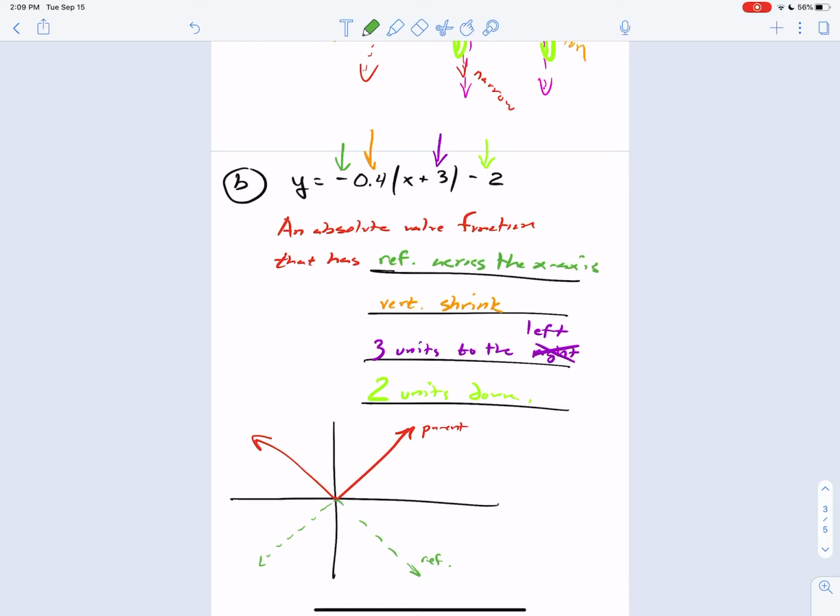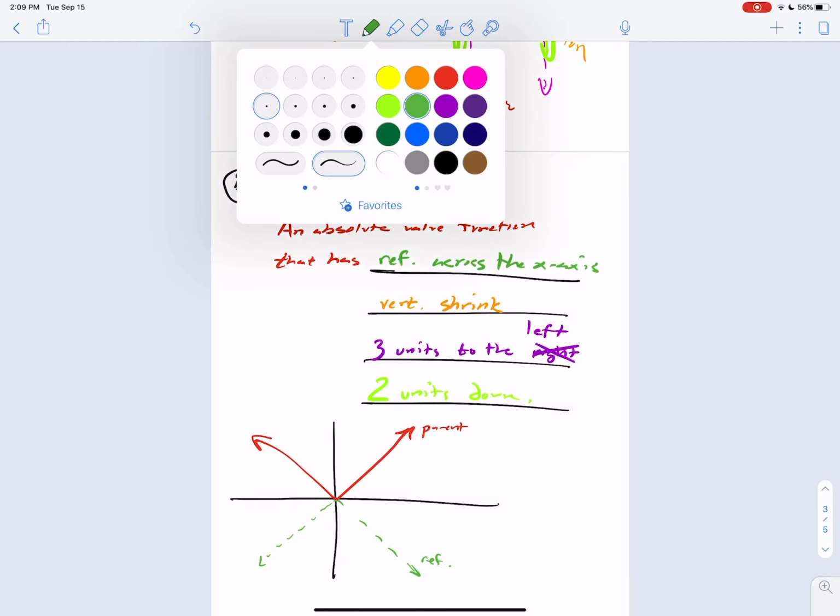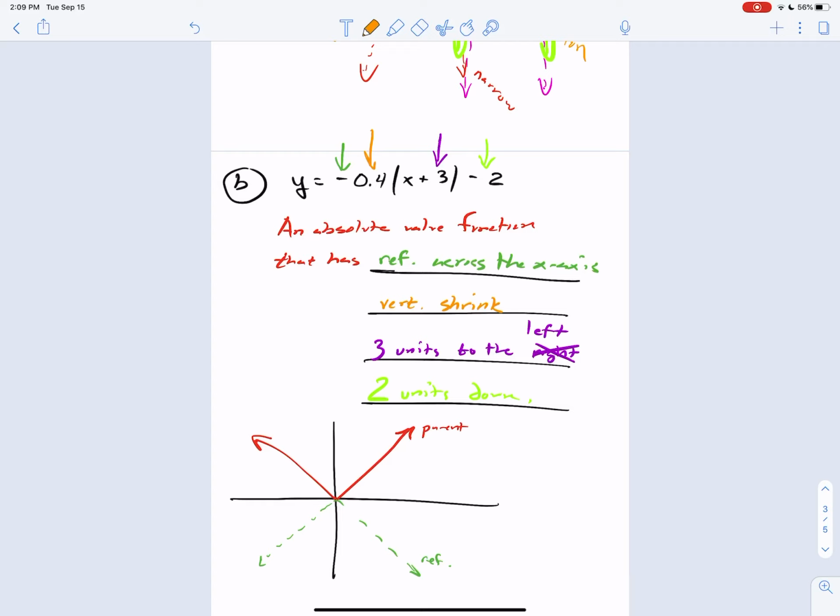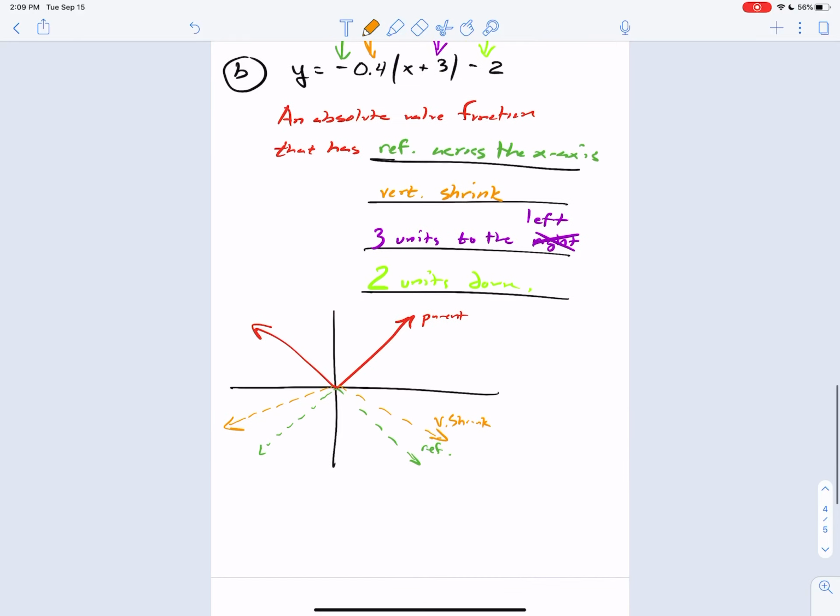Okay. I know that it has to shrink vertically, meaning it's going to get wider. So from my reflected piece, I'm going to draw something even wider than that green one. Okay, so there's your vertical shrink. Okay, then I take that orange graph and I will move it 3 units to the left.